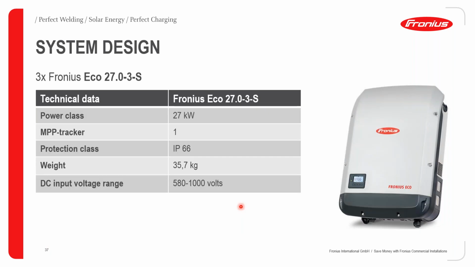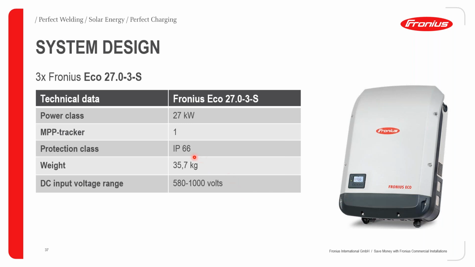For the system design, we have the technical details of the respective inverters used. The Fronius Eco 27, which of course implies that it's a 27 kilowatt rated inverter, has one MPP tracker, protection class of IP66, and a weight of 35.7 kilograms. The input range is 580 to 1000 volts.